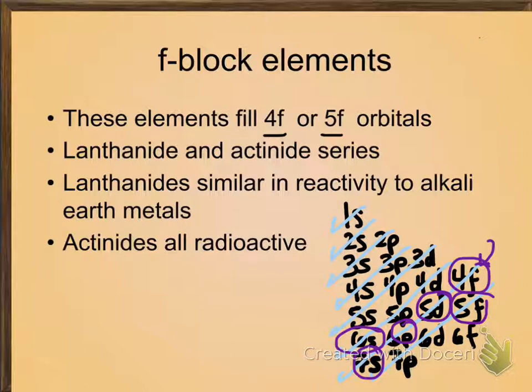Oh, okay. It's the lanthanide and actinide series. And they're pretty reactive. They're pretty big. Lanthanides are similar in reactivity to the alkali earth metals. That's group 2. And the actinides, those puppies are all radioactive. Their nuclei are so large that they spontaneously break apart and emit radiation.